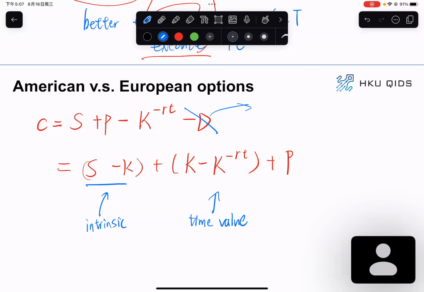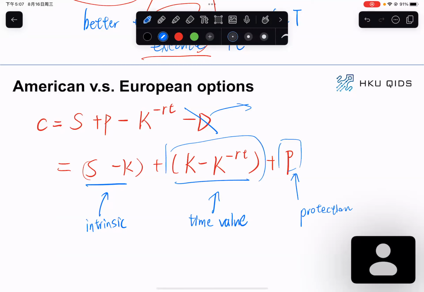And the second is the value of a put, which is just a protection position. And see clearly this and this are both positive, right? Larger than or equal to 0. So a European call should be worth more than this intrinsic value.